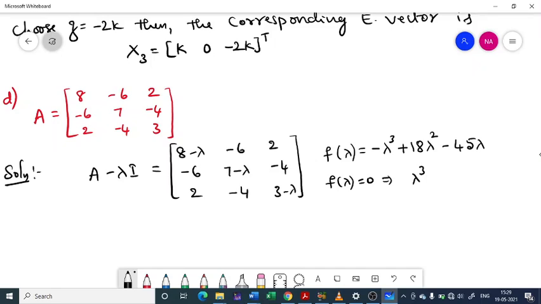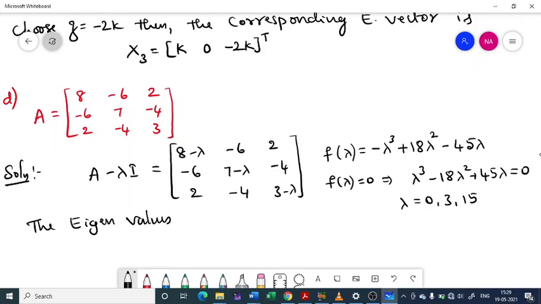It will be lambda cube minus 18 lambda square plus 45 lambda equal to 0. So you get the roots lambda equal to 0, 3, 15. The eigenvalues are lambda 1 equal to 0, lambda 2 equal to 3 and lambda 3 equal to 15.